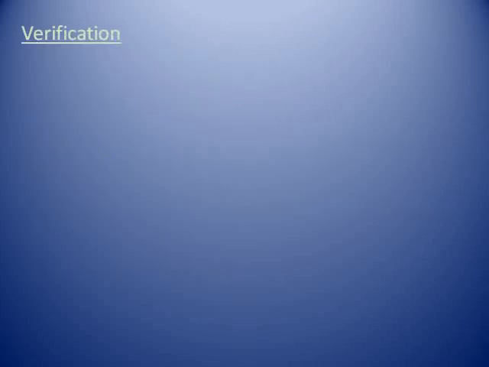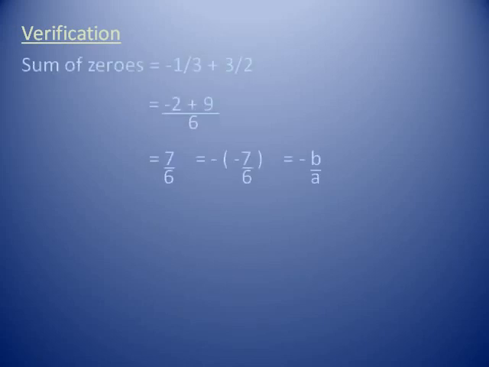Now we will verify the relationship between the zeros and the coefficients of the polynomial. Let us see sum of zeros, which is equal to minus 1 by 3 plus 3 by 2. Taking the LCM, we get LCM 6. So it will be equal to (minus 2 plus 9) by 6, which will be equal to 7 by 6.